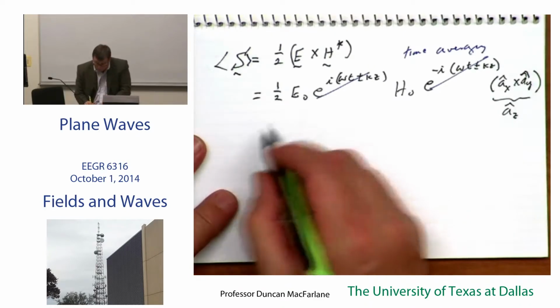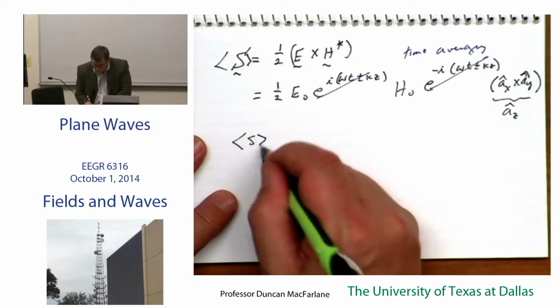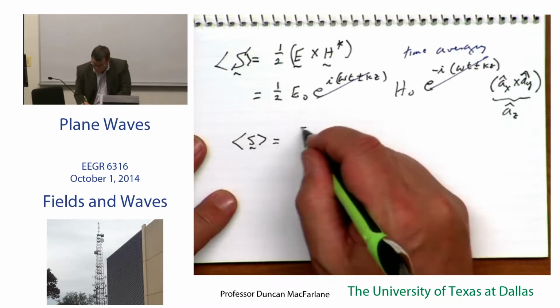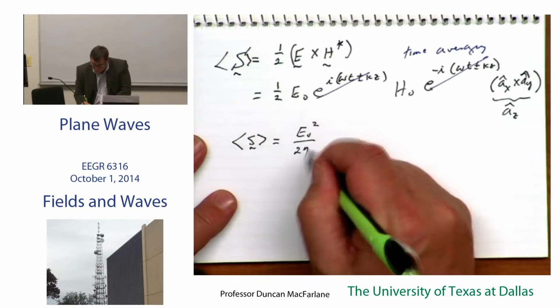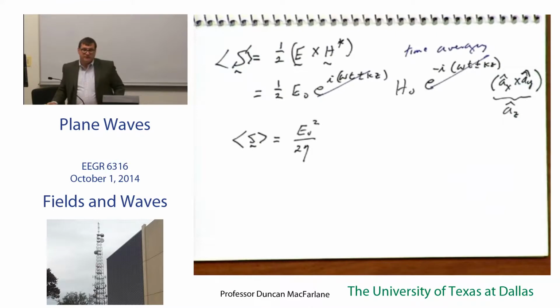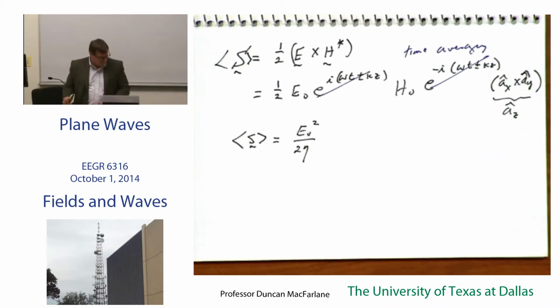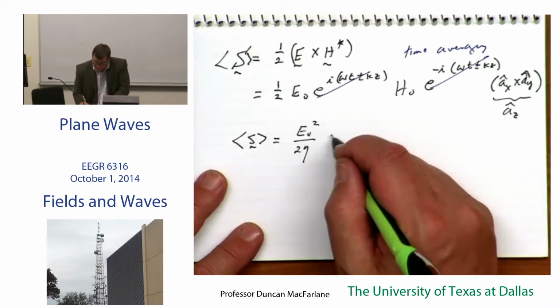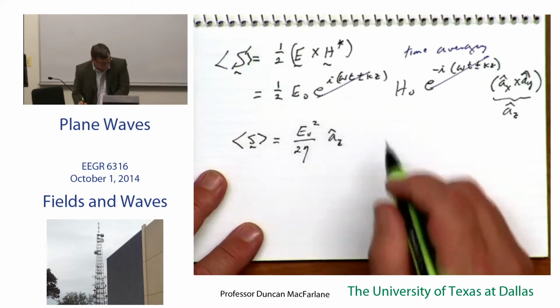And so we learned two things. We learned that the average power flow is E naught squared over twice eta. That's V squared over R, right? That's V squared over R. And it moves in the z direction.